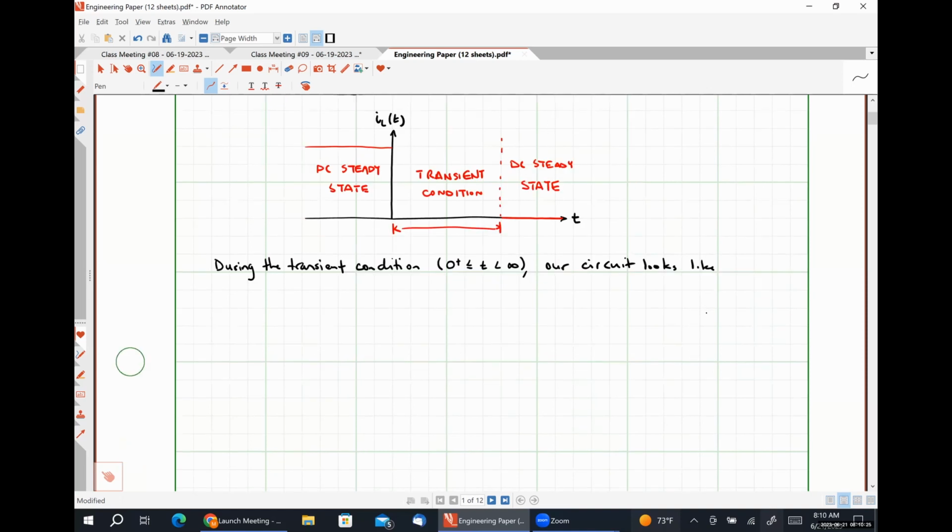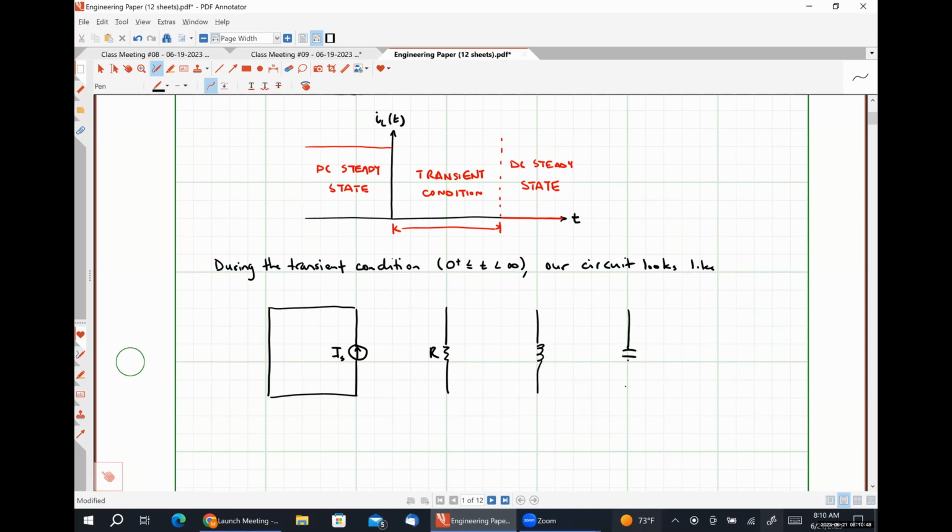So during the transient condition, our current source, IS, is connected to that short circuit over there on the left. And then here we have our resistor, our inductor, and our capacitor, like so.